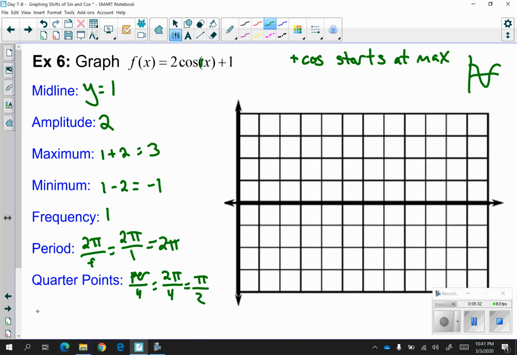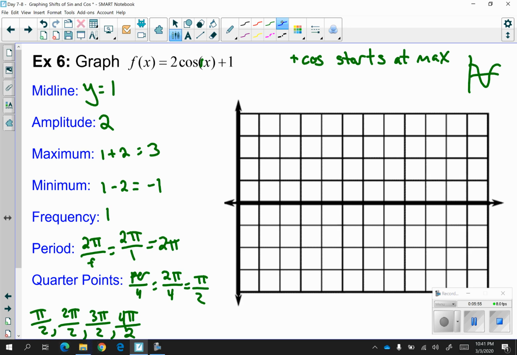So your quarter points are going to go pi over 2, 2 pi over 2, 3 pi over 2, and 4 pi over 2. And again, 4 pi over 2 reduces to 2 pi, which was your period.